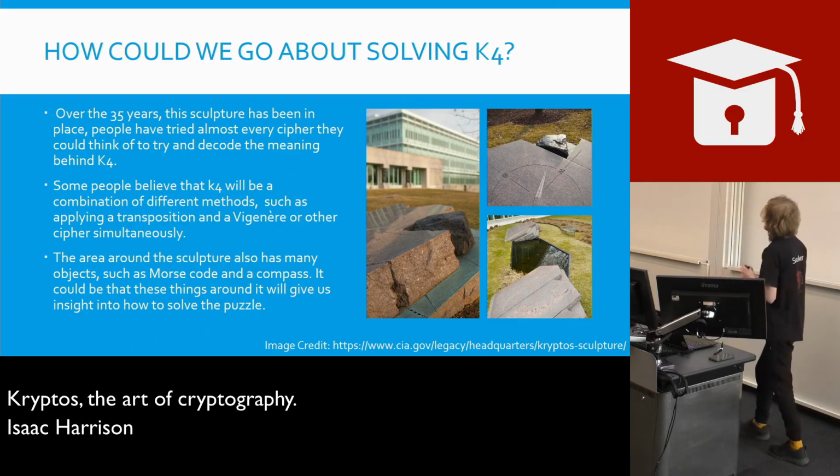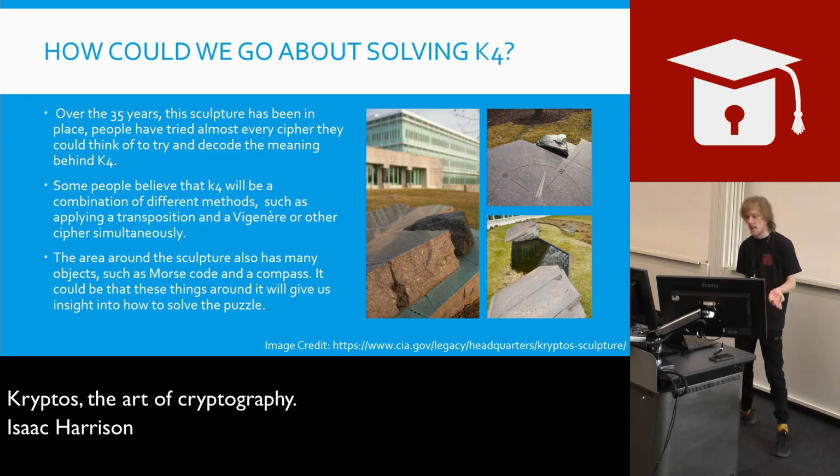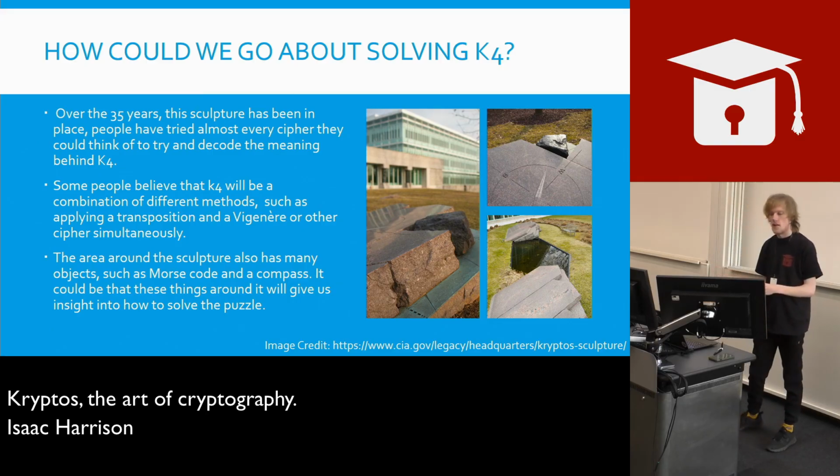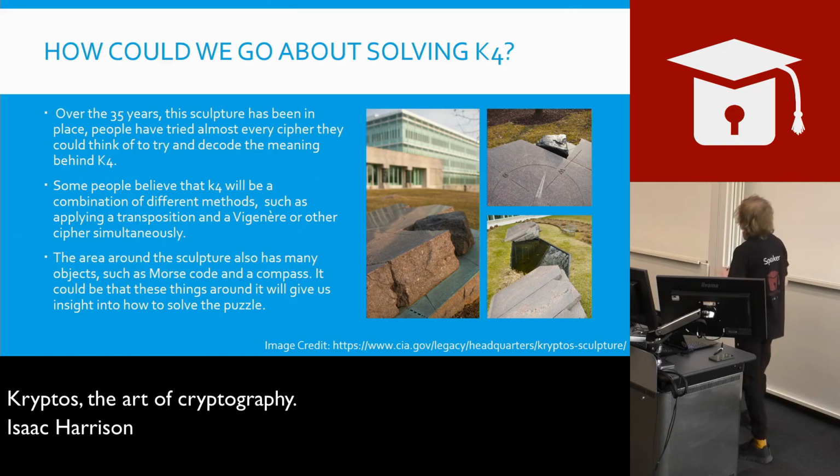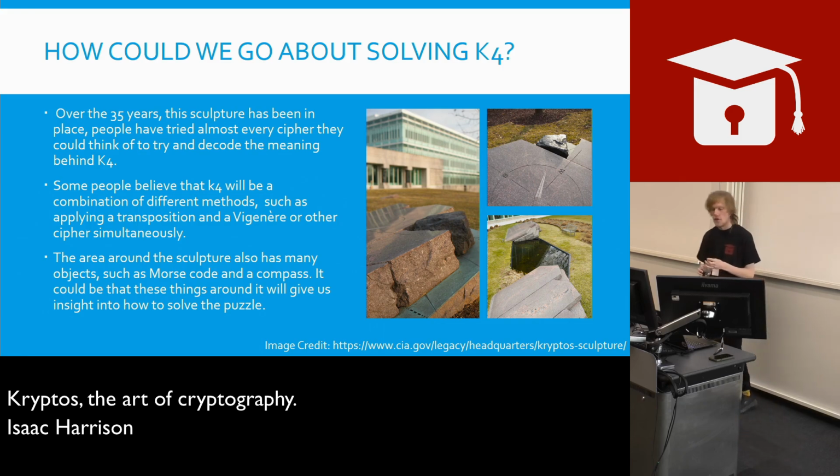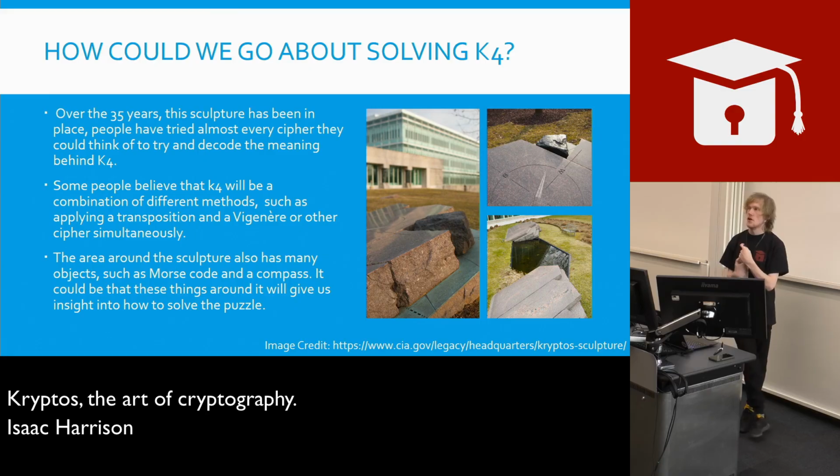It might be a Vigenère and a substitution and a transposition cipher together, or something like that. But there's also a load of random things around where the puzzle was installed. There's a compass, there's Morse code in the bricks, there's a load of other random stuff next to it. So lots of people reckon that those things are going to be the key to solving the problem.